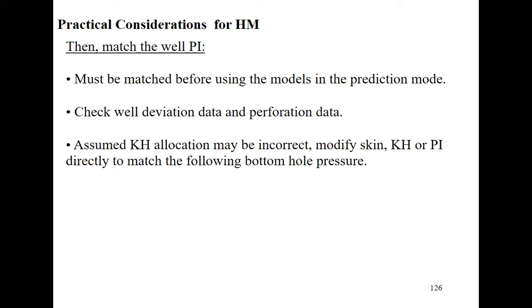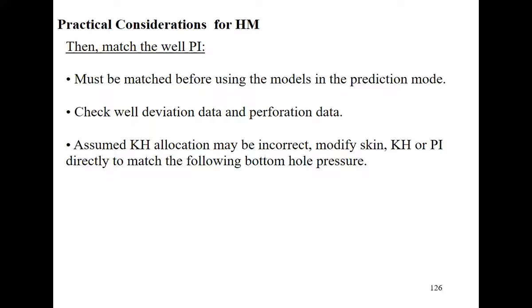Check the well deviation data and perforation data. We have to assume that the cache allocated may be incorrect. Modify skin and PI to match the flowing bottom hole pressure.